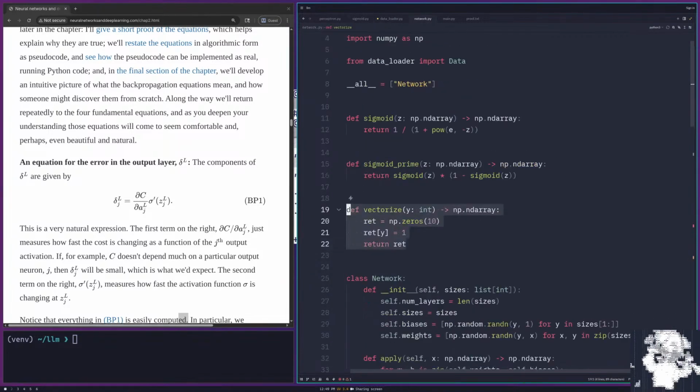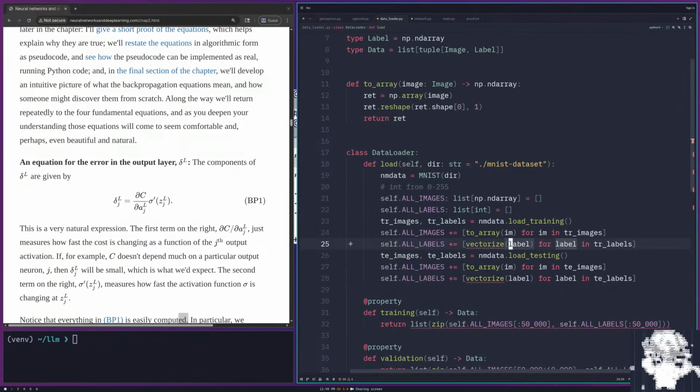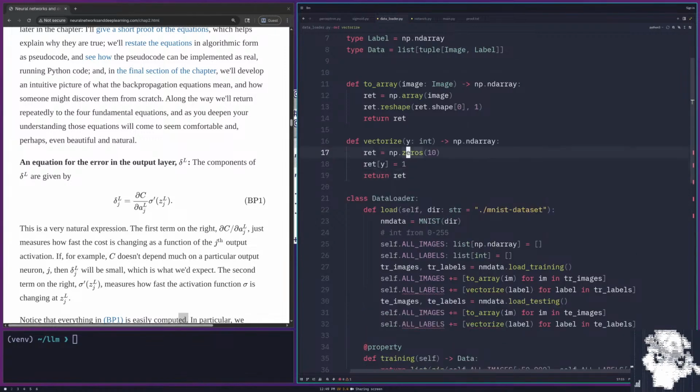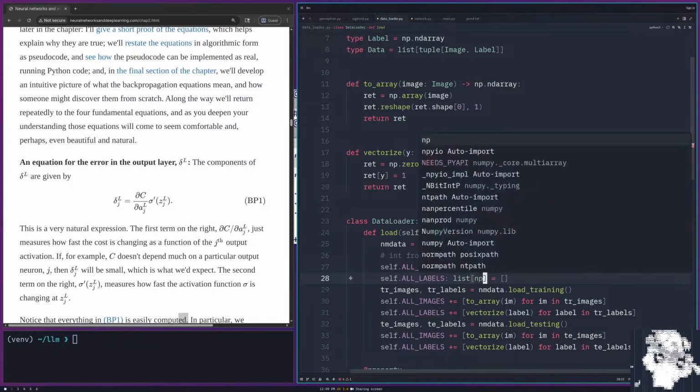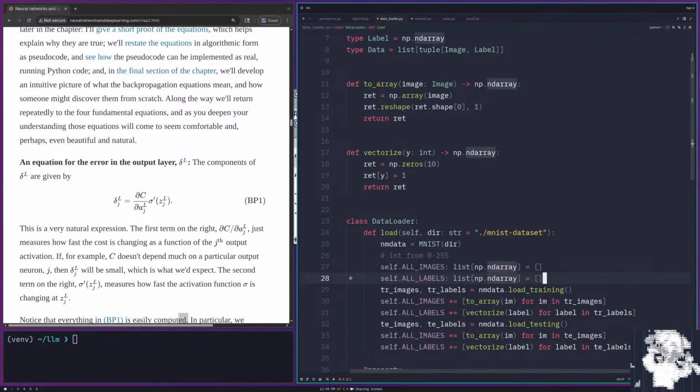Then let's move vectorize from here to there. This should be np.ndarray.